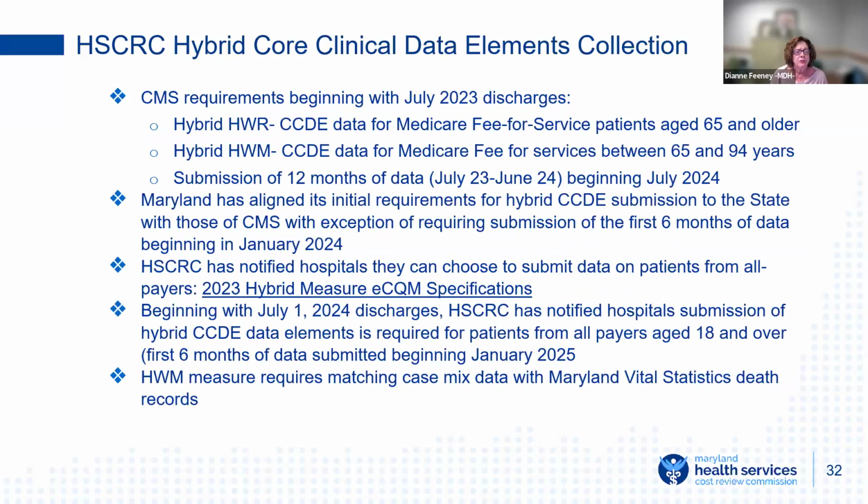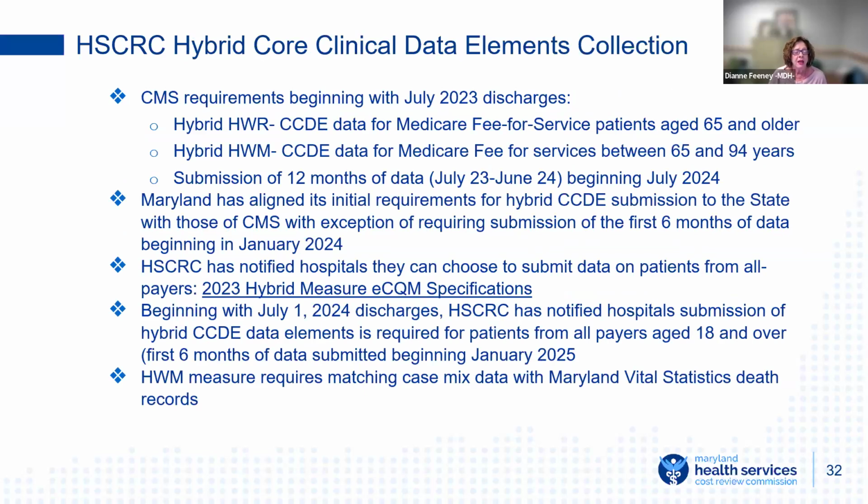So here we just review what Kristen has so eloquently described. The CCDE for Medicare fee-for-service for HWR is for patients 65 and older, whereas the HWM measure has a top end at 65 to 94.